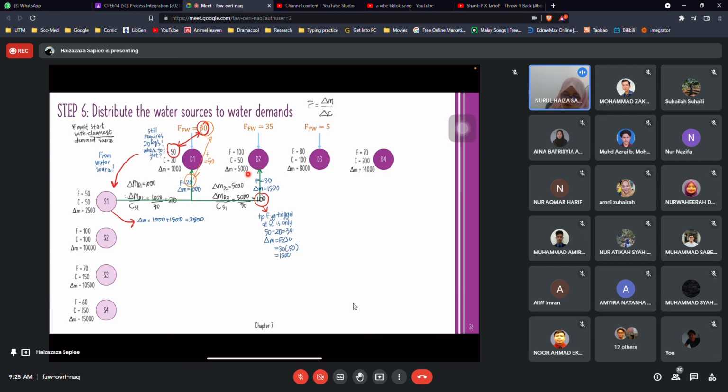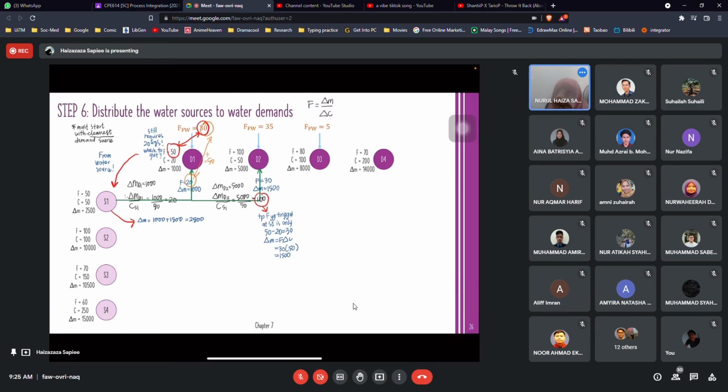So let's try to see, kita letak 5000, which is your MD2. Delta MD2 divided with the concentration of your S1. So concentration dekat sini. Divided with your 50, you would get 100. So 1000 ke 100? 100. Okay. So 100 ni is your flow rate.